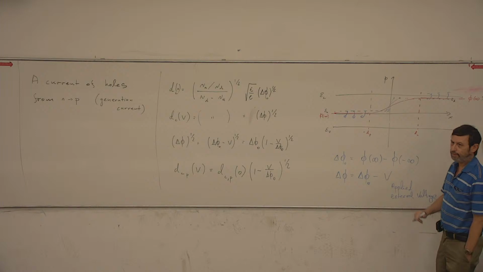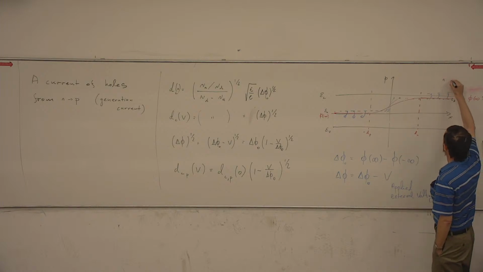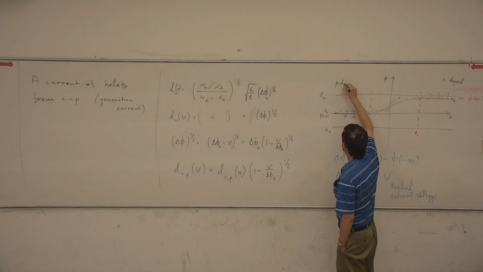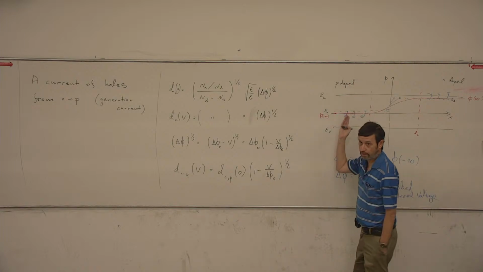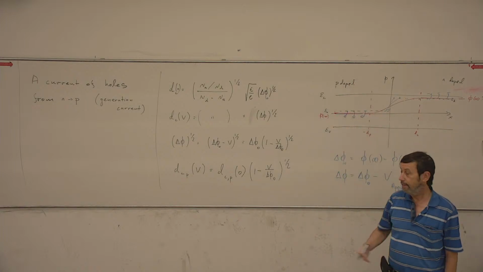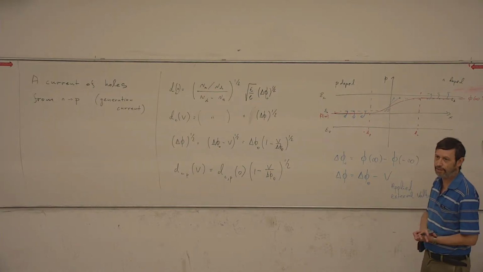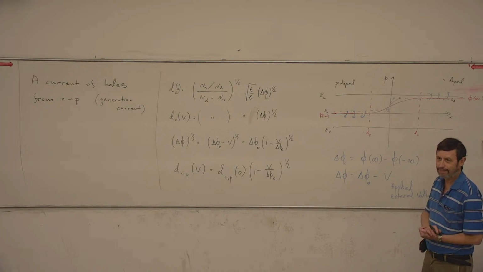Don't remember even if I use this. This is the N-doped side. This is a P-doped, and this is in the language of electrical engineering. Someone knows? Yeah, but it has another name. The device?